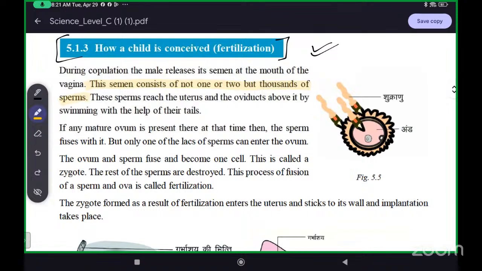The opening in the female is called vagina. The sperms then reach the uterus and oviducts by swimming with the help of their tails, which push them forward.